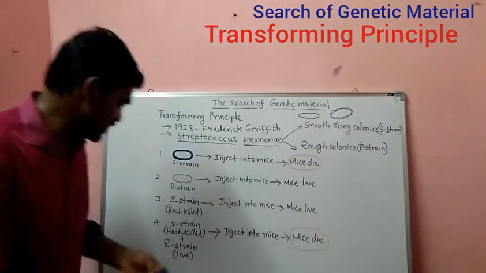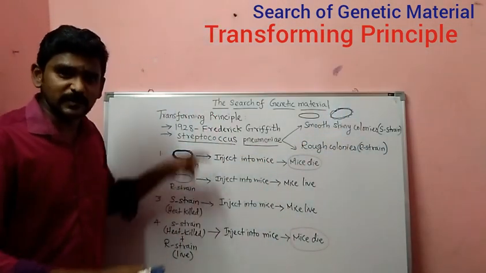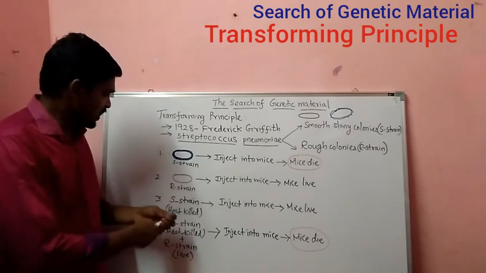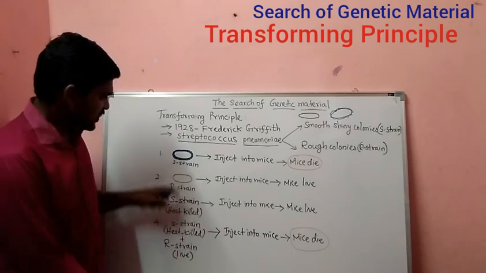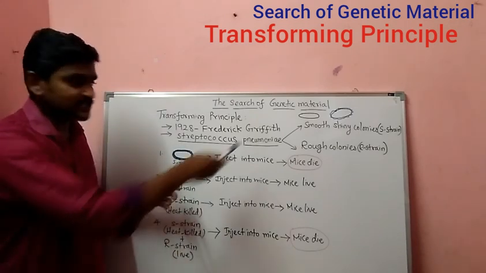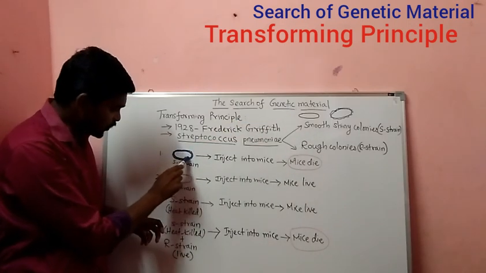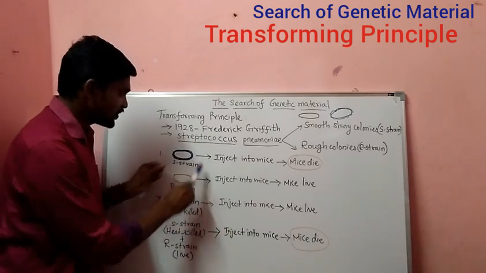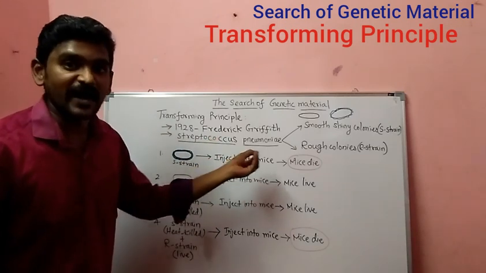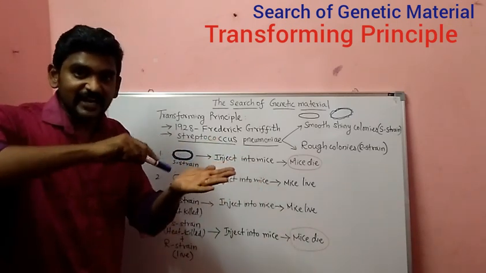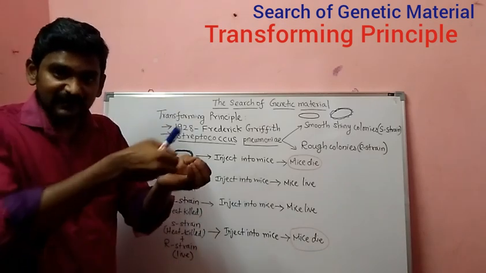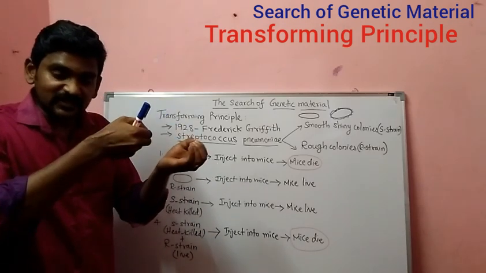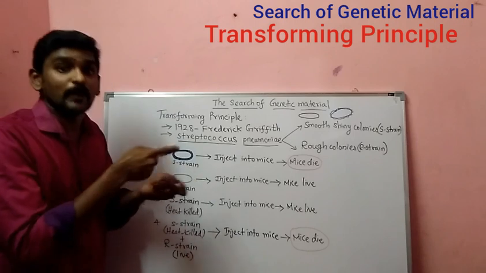Here you can see he is performing the experiments in four categories. On the first side you can see the S strain, which, as I already said, is surrounded by the mucus polysaccharide. From the petri dish or test tube, the liquid medium is taken in a syringe and injected into the mice.